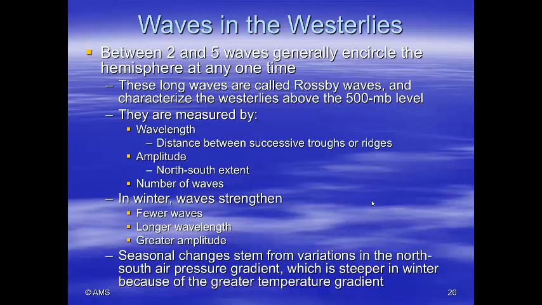In winter, the waves strengthen, so there are fewer waves, a longer wavelength, and a greater amplitude. And these seasonal changes stem from variations in the north-south air pressure gradient, which is steeper in the winter because of the greater temperature gradient.